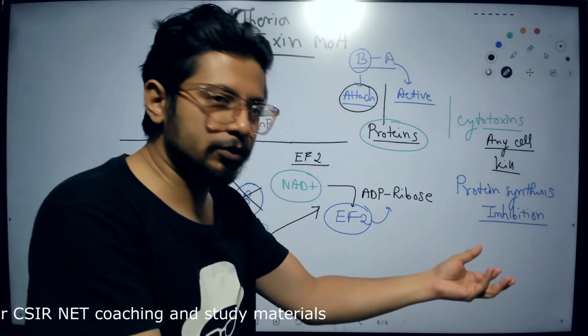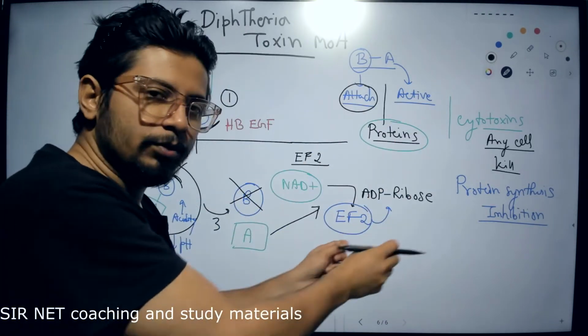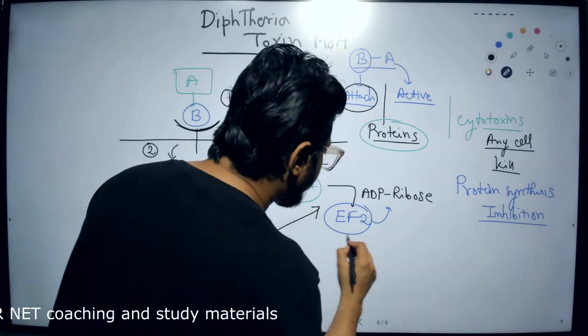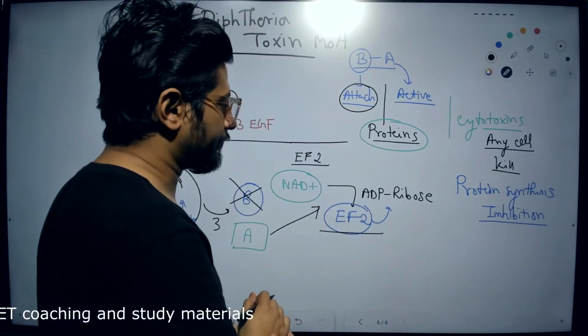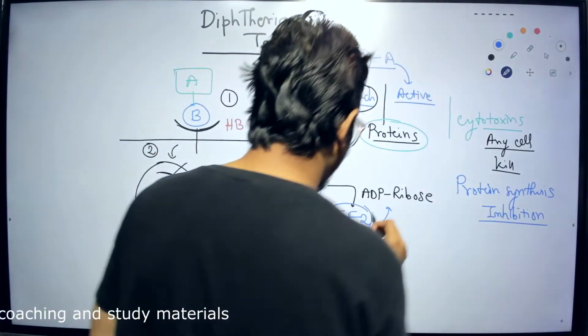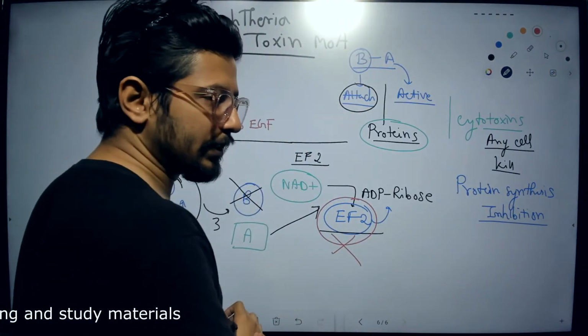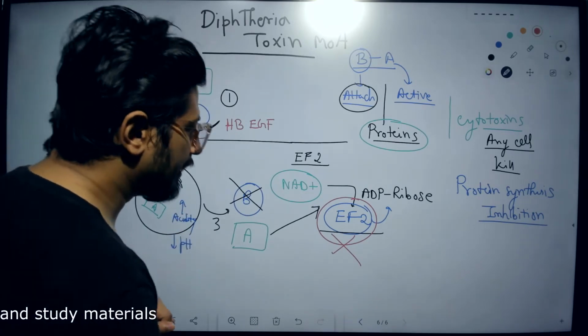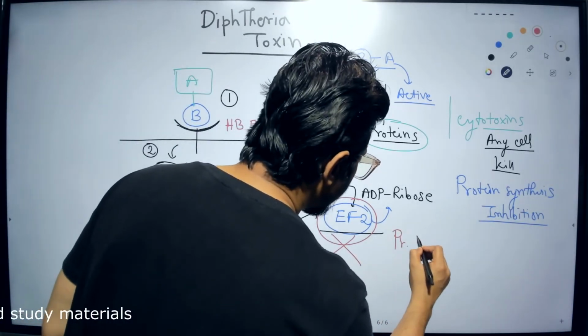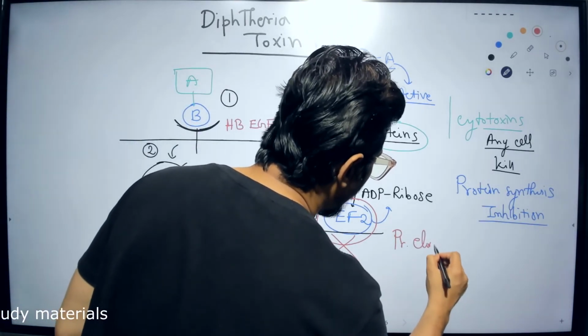It transfers the ADP ribose group from NAD plus to EF2, and the moment EF2 is ADP ribosylated, this EF2 is no longer functional. As EF2 is non-functional, there is no protein synthesis elongation. The elongation is halted.